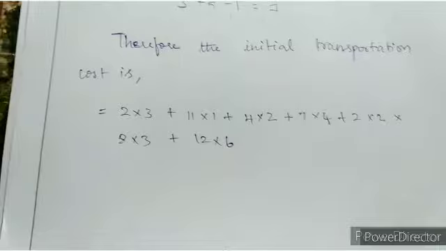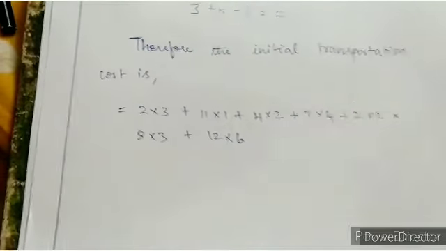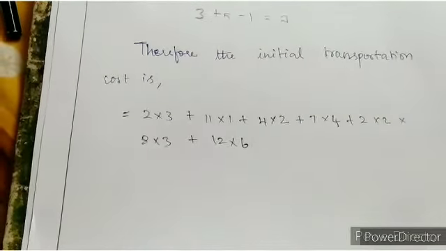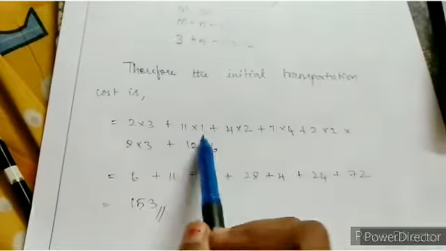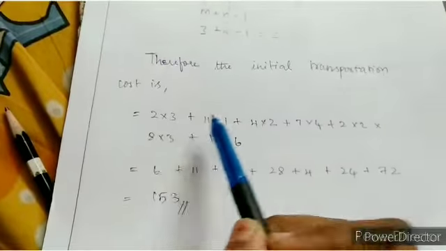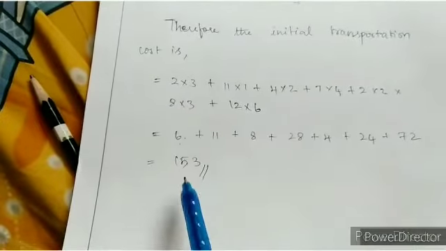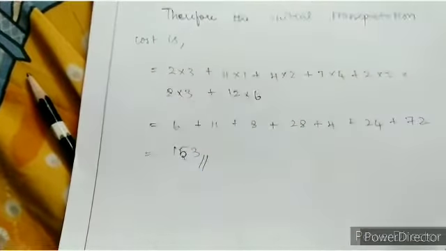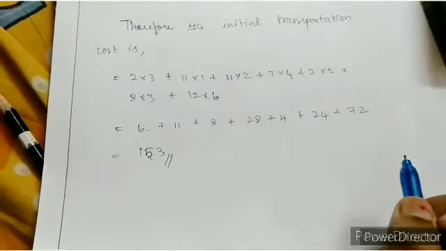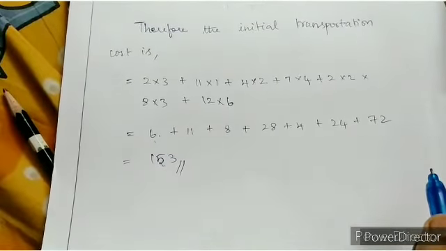This is how we have to write it down, and we calculate to get the answer. We multiplied everything individually first, and added all those values, and we got 153. This is how we calculate transportation cost using the northwest corner method.